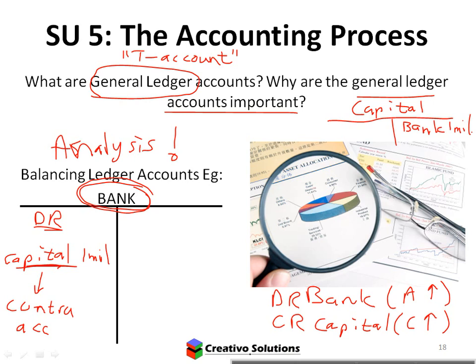The purpose of a general ledger is to analyze what's happening in a specific account. The capital, the bank, the telephone, the sales, the whatever. You're looking at a specific account and you're looking at what transactions affected that account. That's what you're looking at. Does that make sense? Okay, awesome.